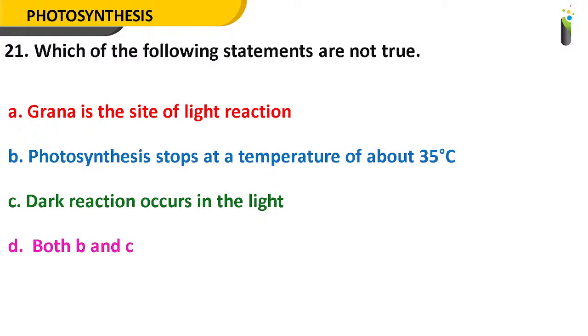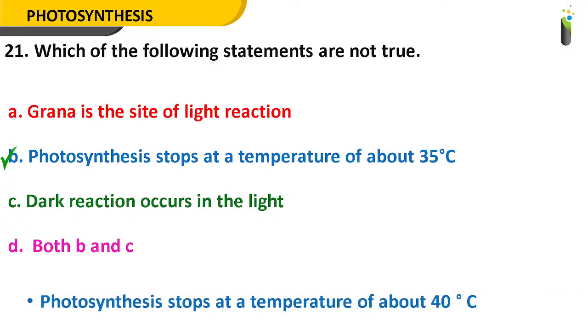D. Both B and C. So what should be the answer to question number 21? The answer is B. Photosynthesis stops at a temperature of about 35 degrees is not a true statement. Please remember it stops at a temperature of about 40 degrees and not 35 degrees.